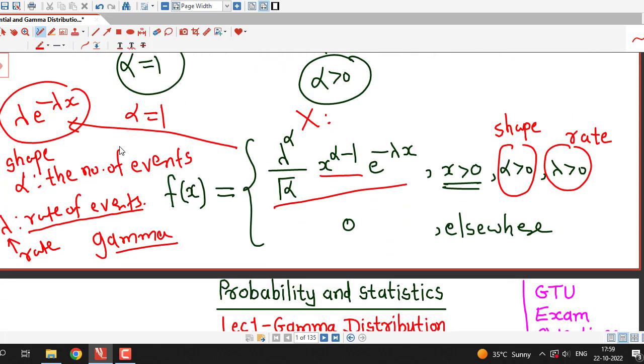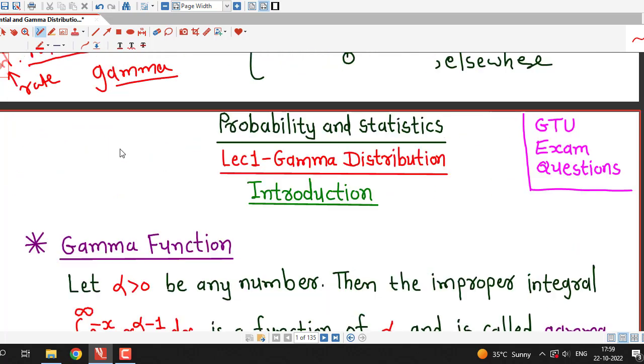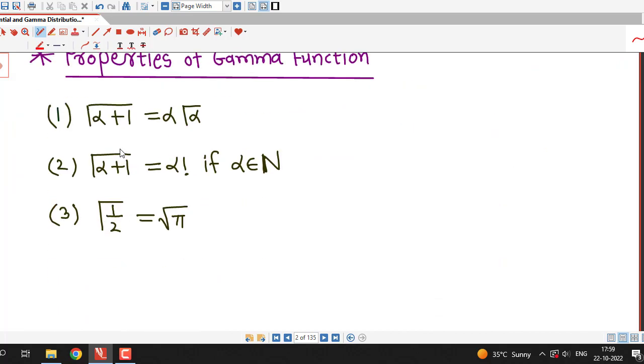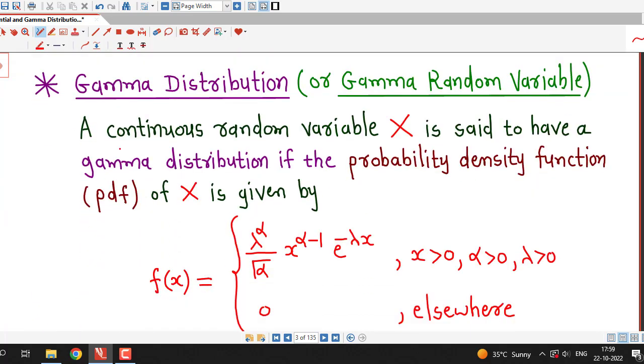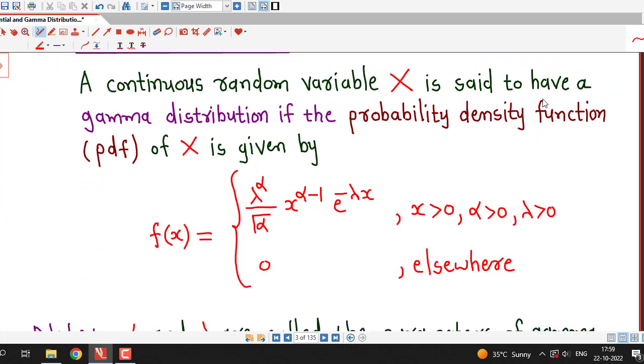So whenever they ask you the definition of gamma distribution, we can write it in this way: a continuous random variable x is said to have a gamma distribution if the probability density function of x is given by f(x) equal to lambda raised to alpha divided by gamma alpha, x raised to alpha minus 1, e raised to minus lambda x for x positive, and 0 elsewhere. Alpha and lambda are parameters and they are always positive.